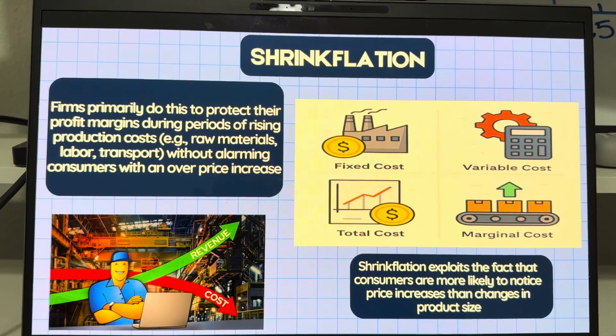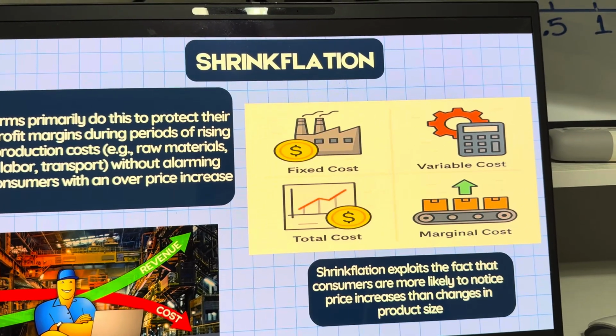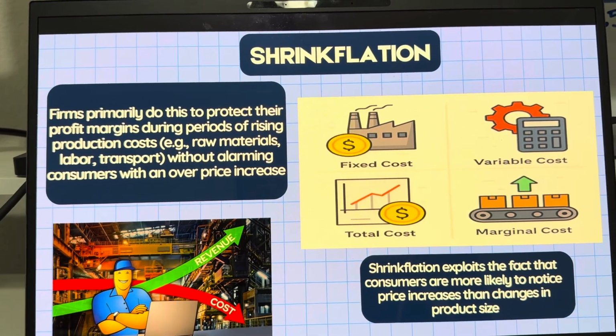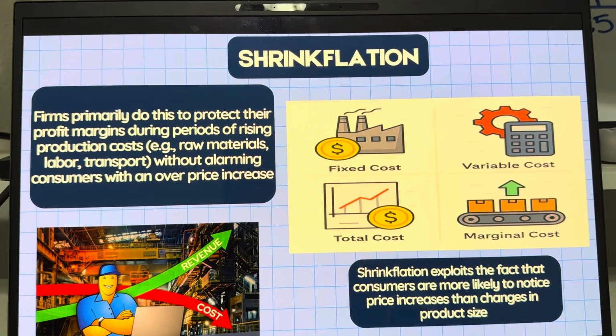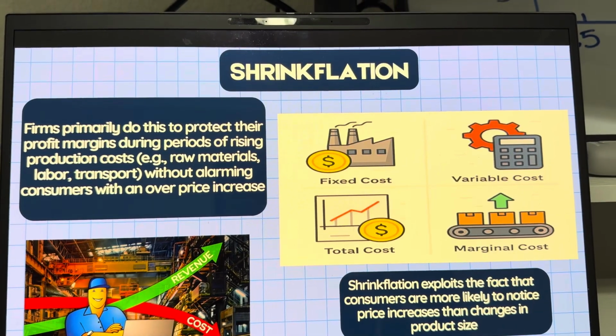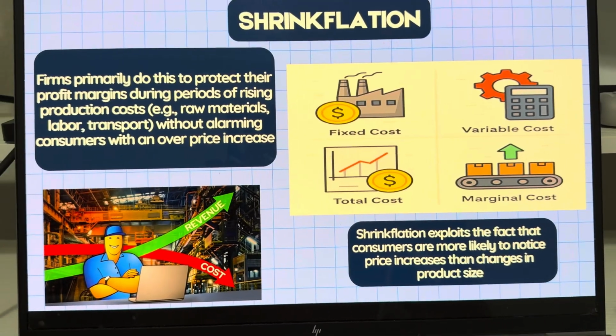Sometimes it's explained as a form of hidden inflation that allows companies to maintain profit margins in response to rising production costs, and it can occur across product categories, especially in the food and beverage industry.